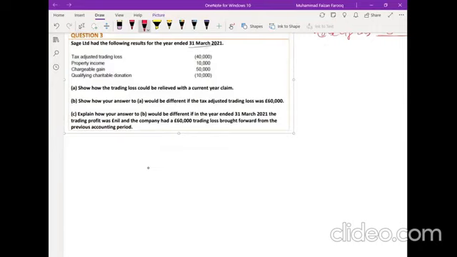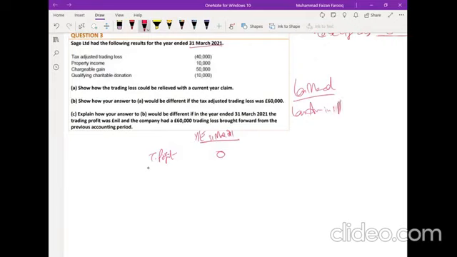This is only one year of data, right? So the year ended 31st March 2021. We have trading profit 0, because losses we are not writing there; we write the loss in the loss memorandum. The loss arises in 31st March 2021, which is 40,000. Correct?